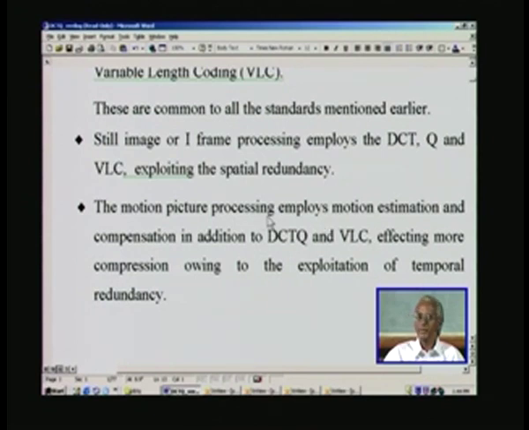Wherever there is a motion change, only there we need to code, and coding is obviously application of DCTQ followed by VLC and so on. The motion picture processing employs motion estimation and compensation in addition to DCTQ and VLC. If you want to find the motion between two successive frames, you will have to take one block, known as a macro block.